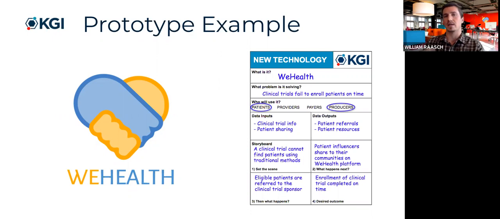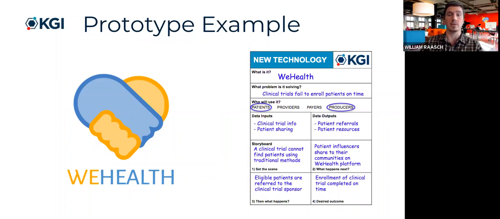But with a higher degree of personalization and a higher interest in working with patients with rare disease, you're finding that those traditional methods are highly, highly inefficient at finding the patients that you need to be eligible for your clinical trial. So it's just not working that well.